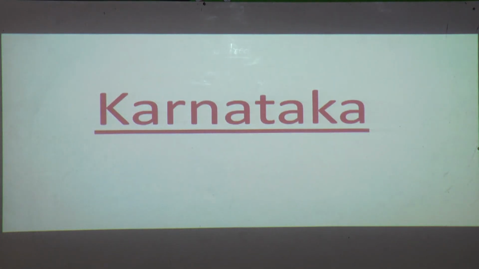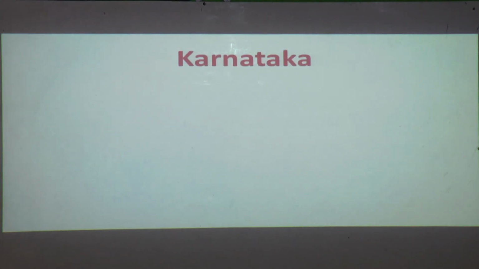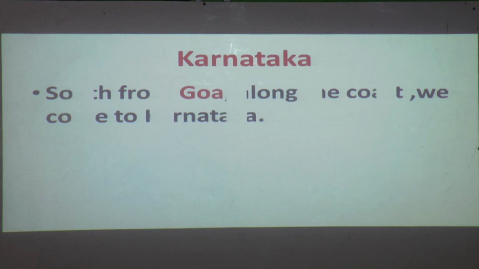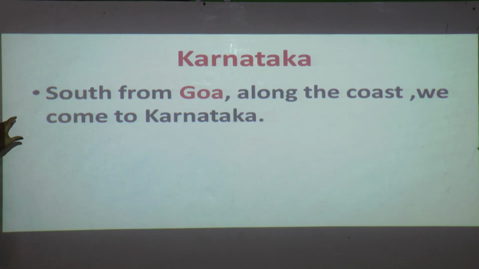So now we come to the end of Goa. Goa we have finished, so we will go to Karnataka. What is there in Karnataka? Karnataka is south of Goa. So first we have completed Maharashtra and Goa. Now we are coming to Karnataka. South from Goa, along the coast, we come to Karnataka, correct.